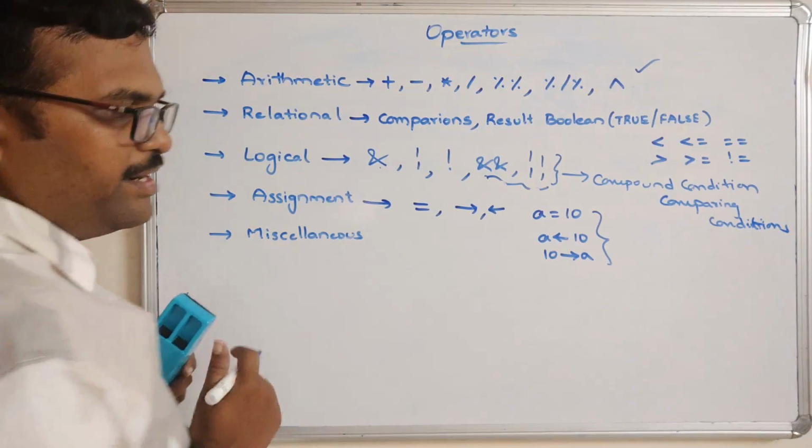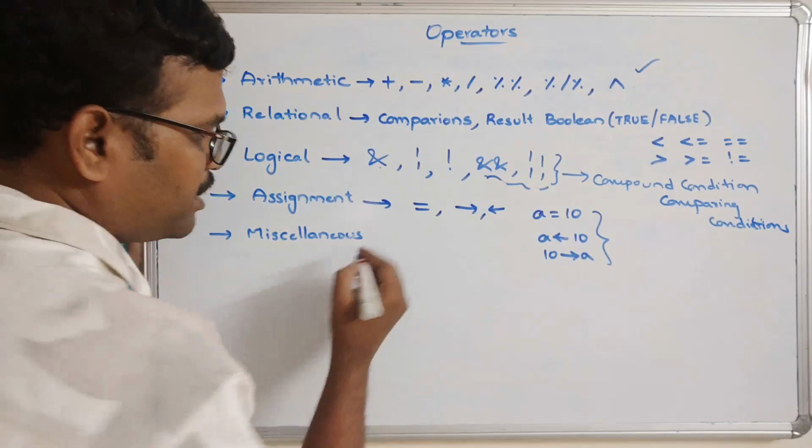And the last one is miscellaneous operators. Here three miscellaneous operators are there.